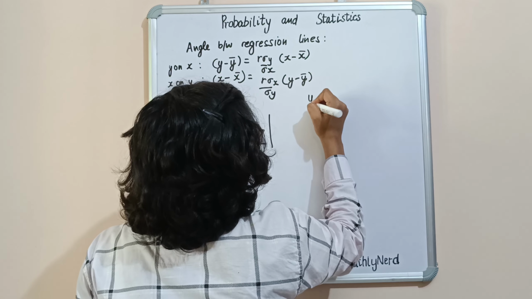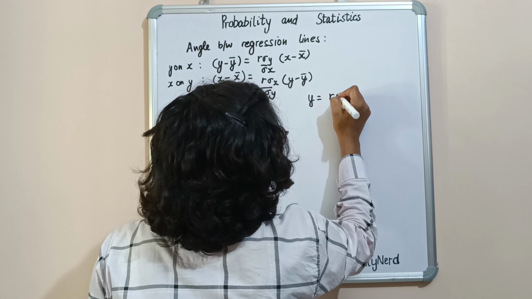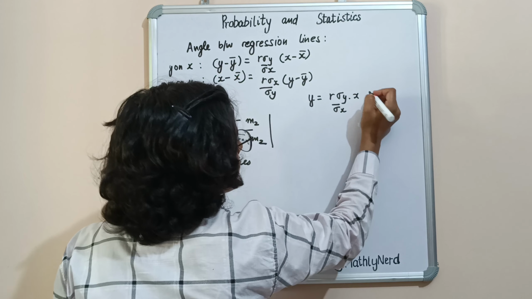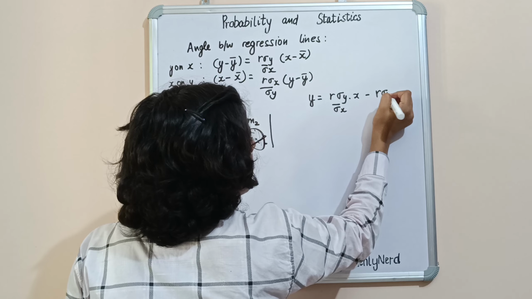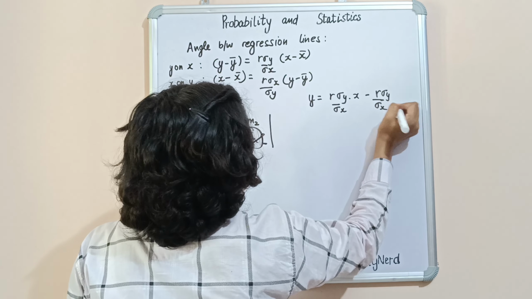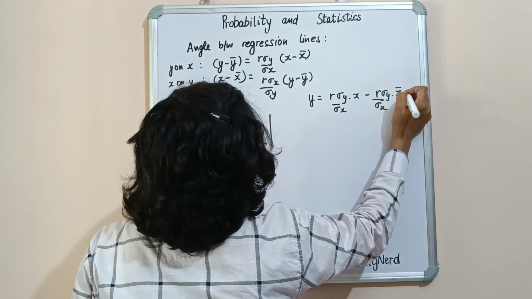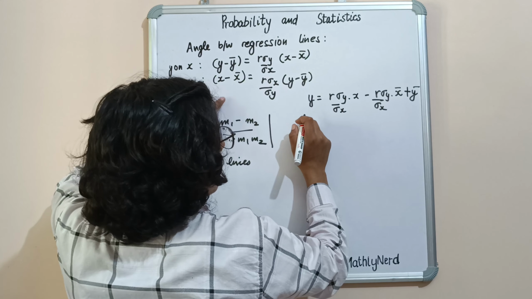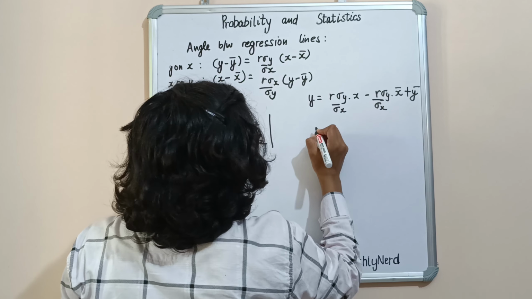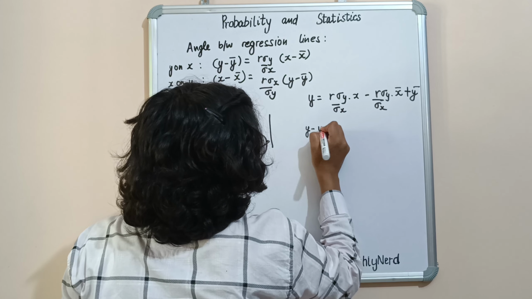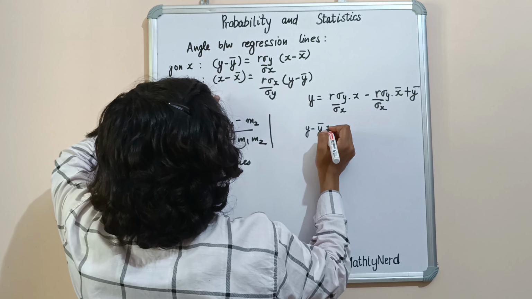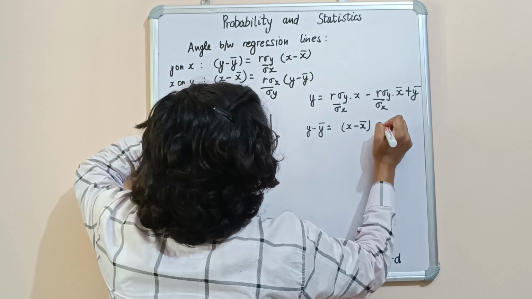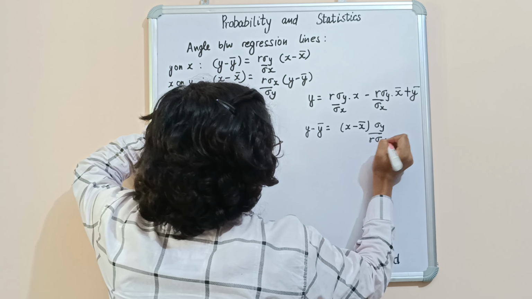So our first line is y equals r sigma y by sigma x into x minus r sigma y by sigma x x bar plus y bar. We can write our second line as y minus y bar equals x minus x bar times sigma y by r sigma x.